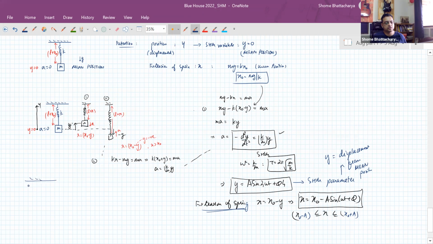So in the second case, we've taken it from the mean position. We've taken it in the downward direction through a displacement of y. So our y coordinate is a negative quantity.